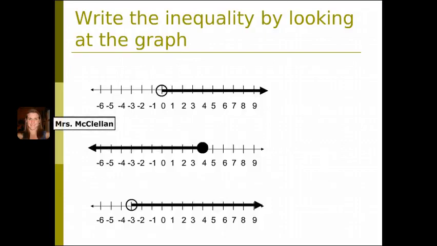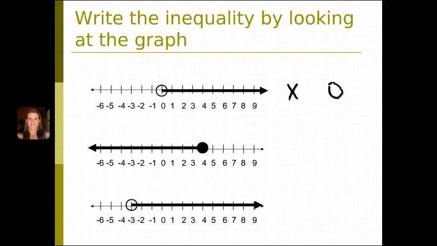Okay, so let's use our steps here when we're looking at the graph to determine what our inequality should be. Always put your variable on the left and put your starting number on the right. The starting number in this case is 0. And notice we left a space for our inequality sign.